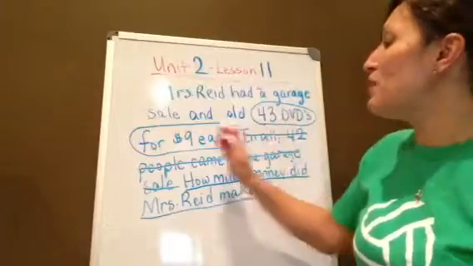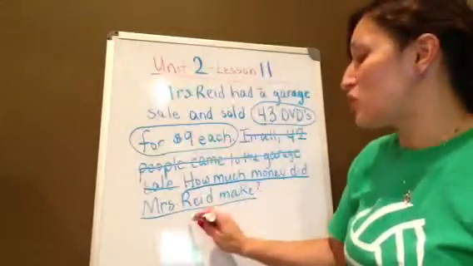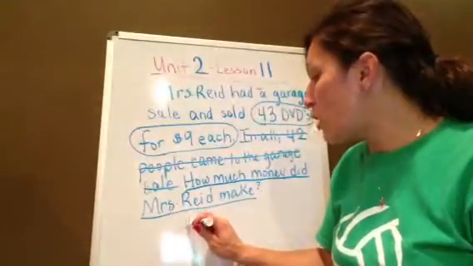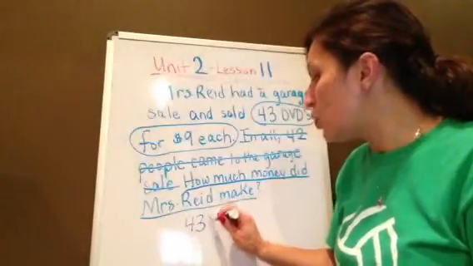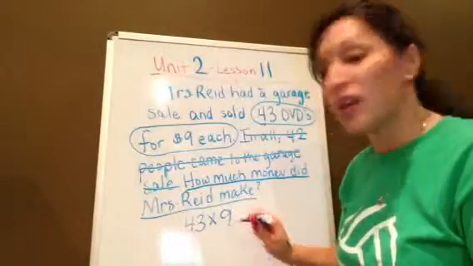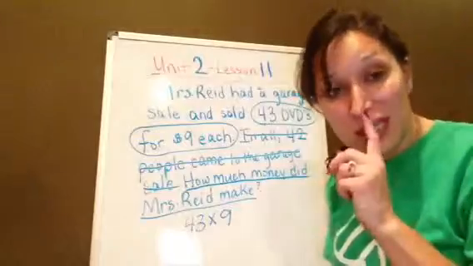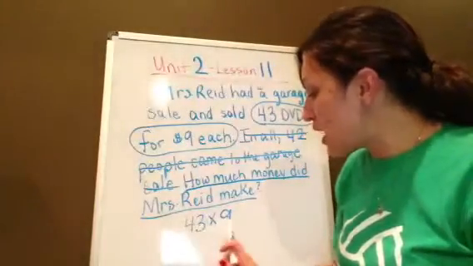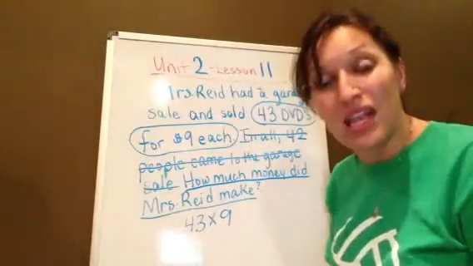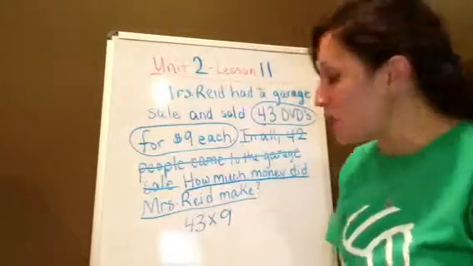Okay, we had 43 DVDs and she sold them for $9 each. So I'm thinking that she has 43 groups of 9. 43 groups of 9 means that she has 43 nines, and that will tell us her total for how much money she made.